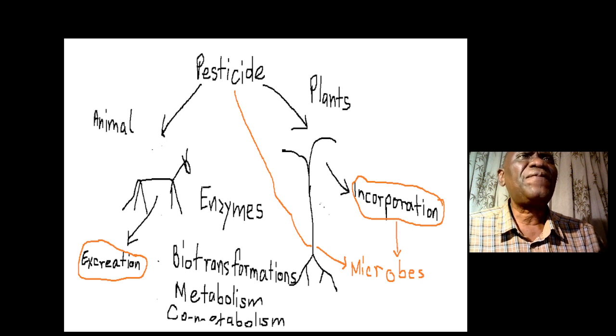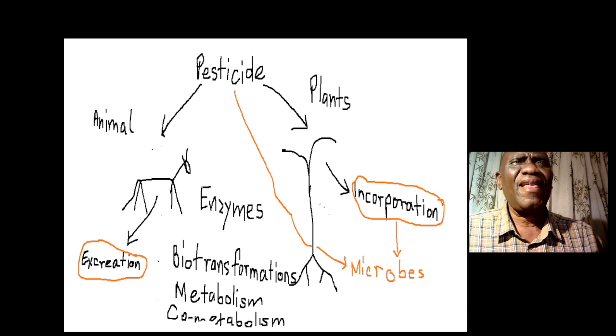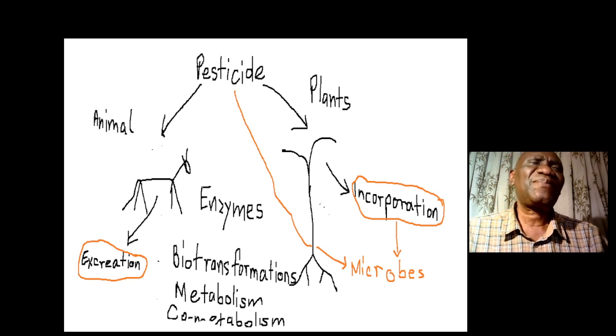Now, if we target a pesticide to plants, the byproducts which are produced after the breaking down of the pesticide are incorporated within the plant. But when the plant dies, it may be acted upon by microbes.